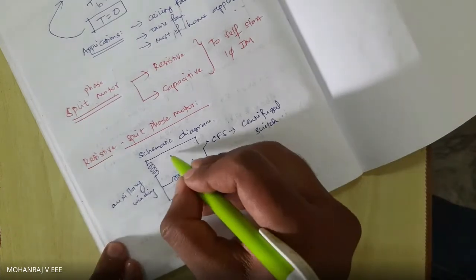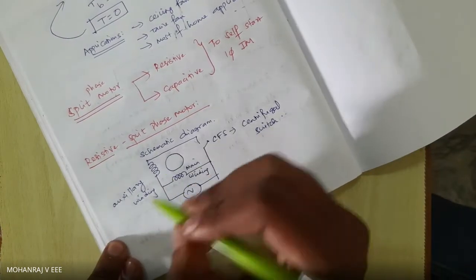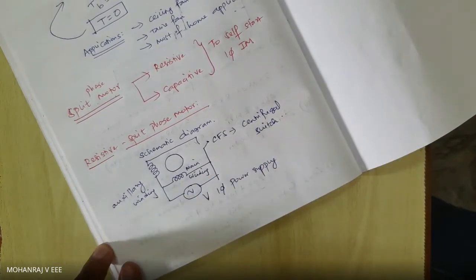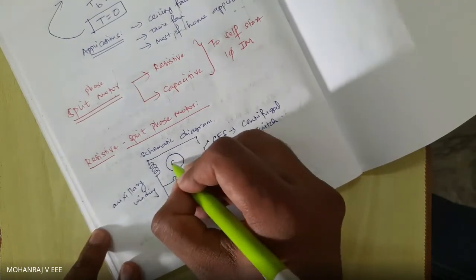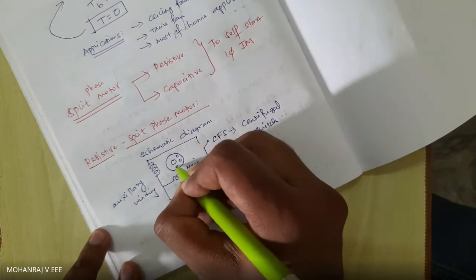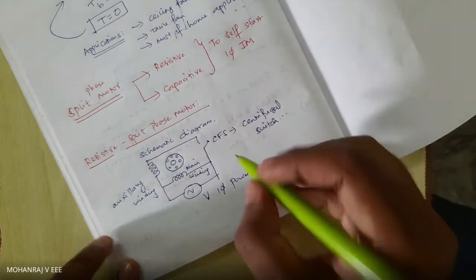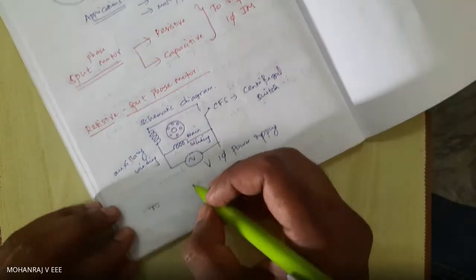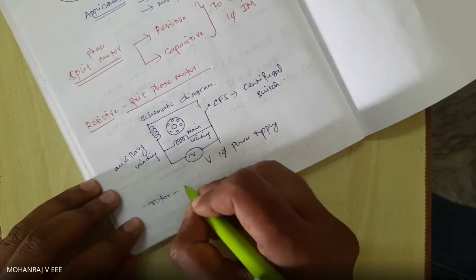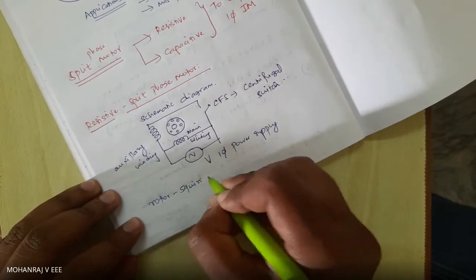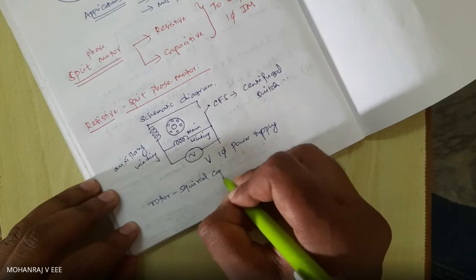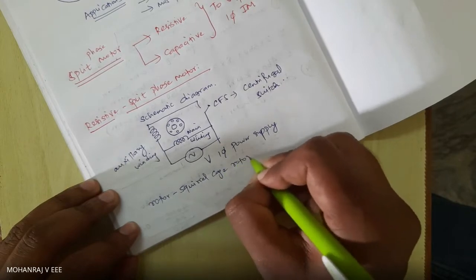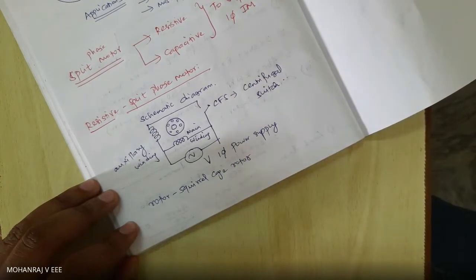So where is my rotor? My rotor is available here. My rotor is a squirrel cage rotor. So in my motor, I have my stator as well as my rotor.